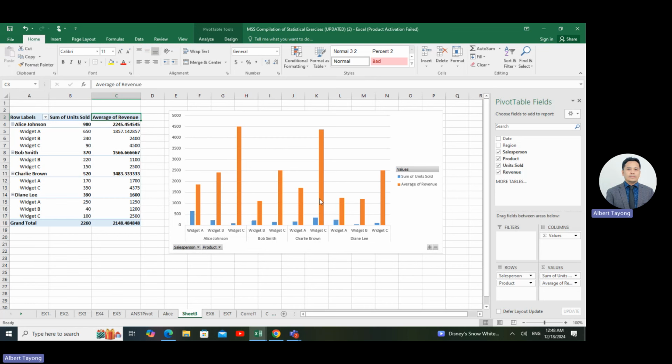This means that these orange columns here are not totals of the revenues. These are averages of revenues. For example, here we have widget A. This is the average, close to 2000. The highest is the average of widget C, which is around 4,500. So this is the answer.